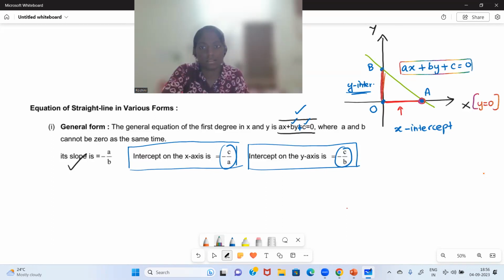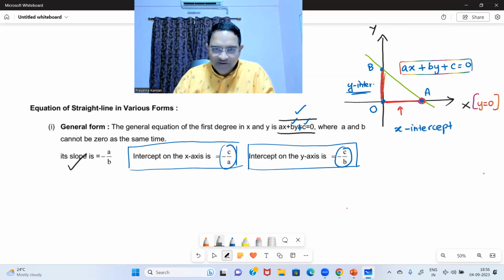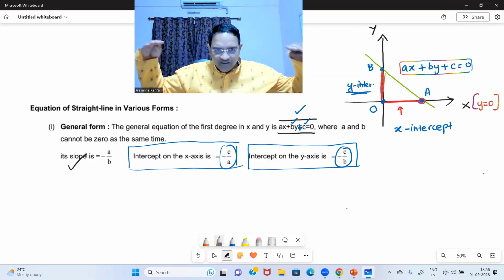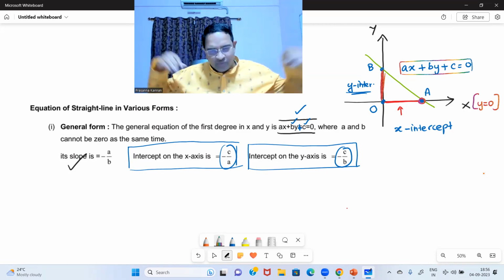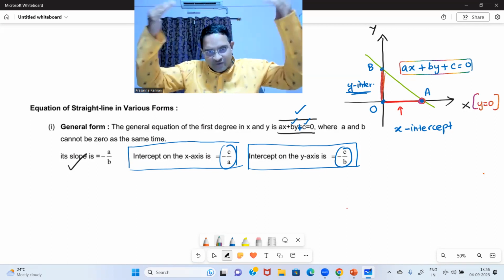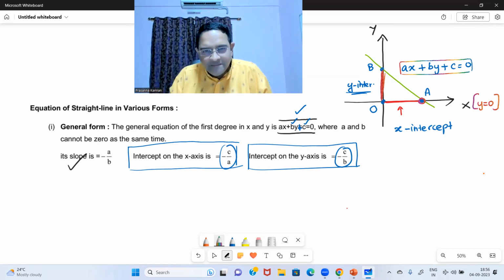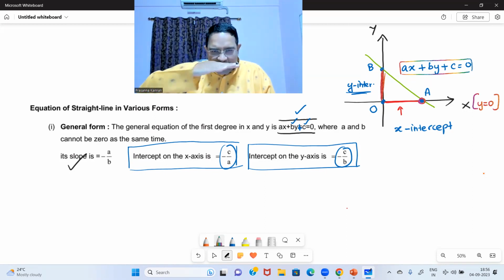X-axis, because on the x-axis every single point has y value as 0. The height is the same, and that height reference is taken as 0. If you go above the x-axis, y will take positive values. If you go below the x-axis, y will take negative values. So any point on the x-axis has y value as 0.